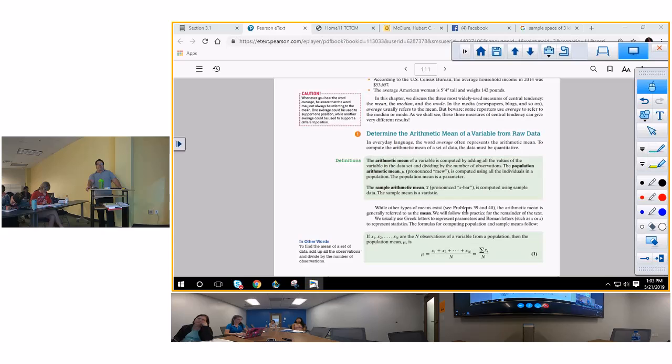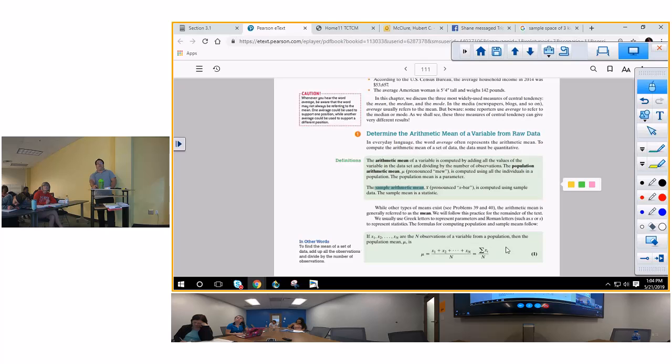Not a population, but a what? Sample. Good. You're the one that listened that day. Sample, x bar. X is a regular alphabet letter, okay? So x bar means sample. Mu, which looks like a funky M, is population mean.